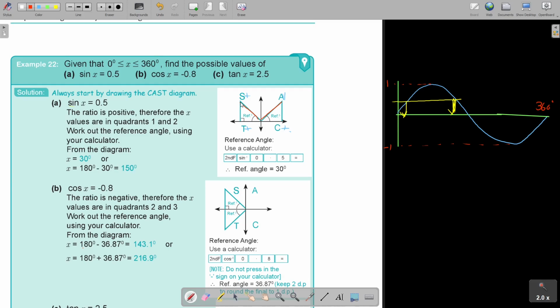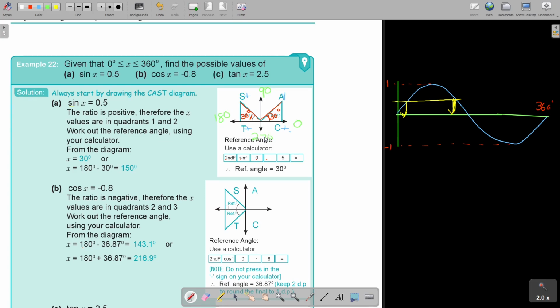Now, I just go and I press on my calculator to get that reference angle. So I press Shift, sin 0.5 equals. Make sure your calculator is on degrees, and I get 30. That means that is 30 and that is 30. But graphs work like this. There is 0, there is 90, there is 180, there is 270.